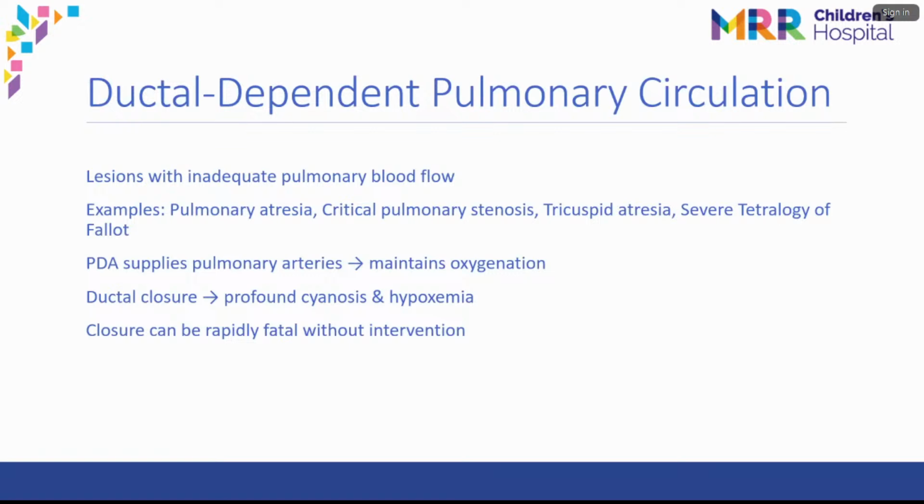Ductal dependent pulmonary circulation: lesions with inadequate pulmonary blood flow, like pulmonary atresia, critical pulmonary stenosis, tricuspid atresia, or severe tetralogy of Fallot. In these cases, the PDA supplies the pulmonary arteries and helps in maintaining oxygenation. So ductal closure in these cases may lead to profound cyanosis and hypoxemia, and closure can be rapidly fatal without intervention.